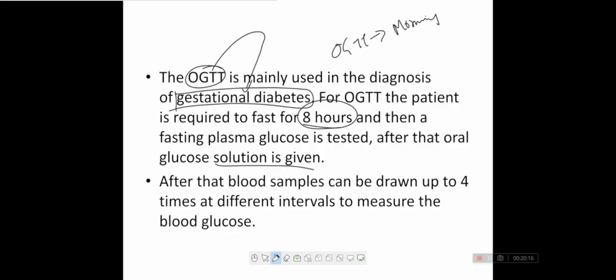After that, blood samples can be drawn up to 4 times at different intervals to measure the blood glucose.